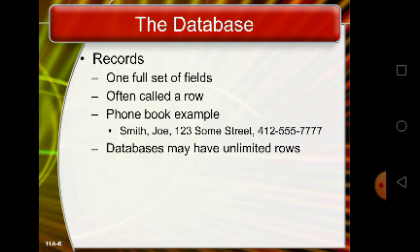One full set of fields is called a record, that is, the row, also called a record. For example, Smith, Joy, 123 some street, 412 555 7777 is one person's record.